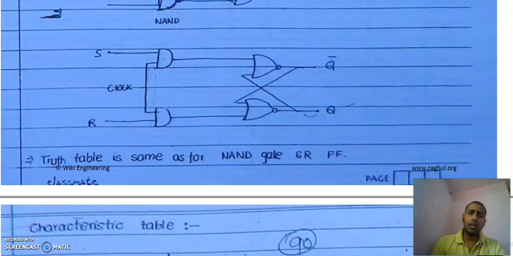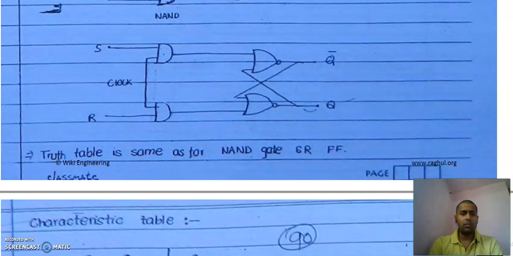Simply, in the NOR gate version we use the AND gate instead of the NAND gate used in the SR flip-flop using the NAND gate. One input of the AND gate is taken as common, and we are supplying the clock from this input. The truth table is the same as for the NAND gate SR flip-flop.